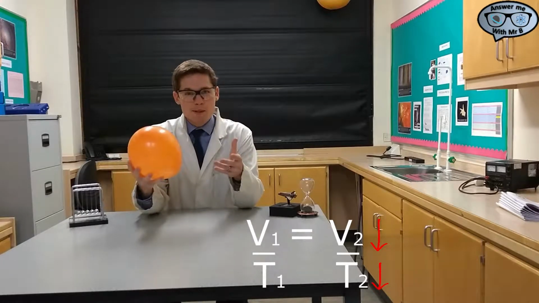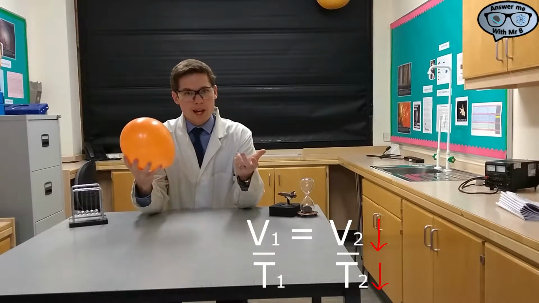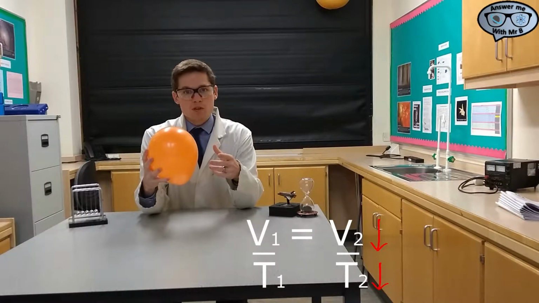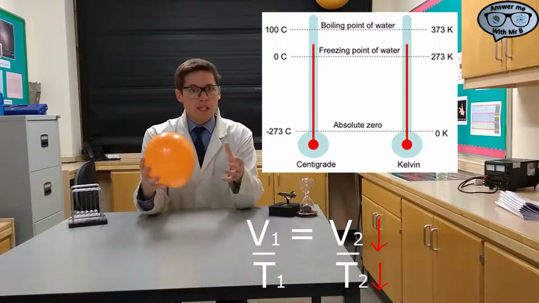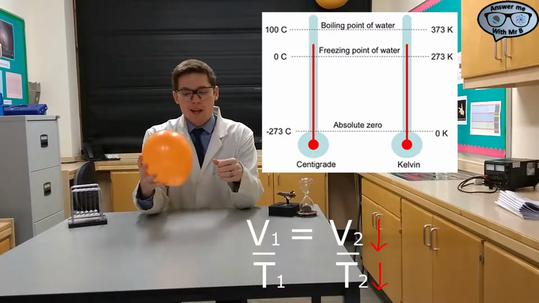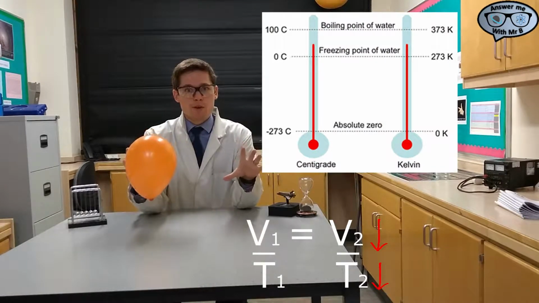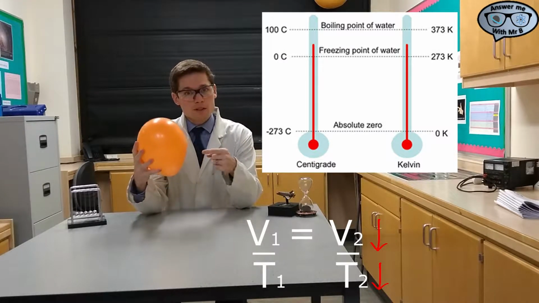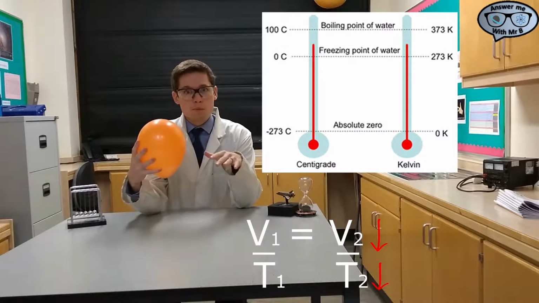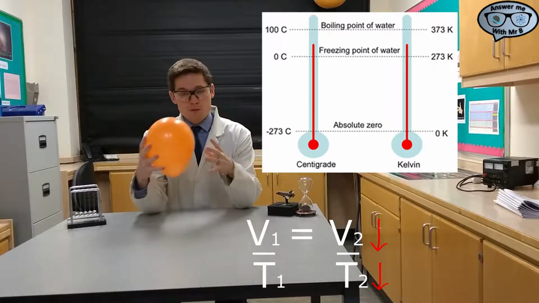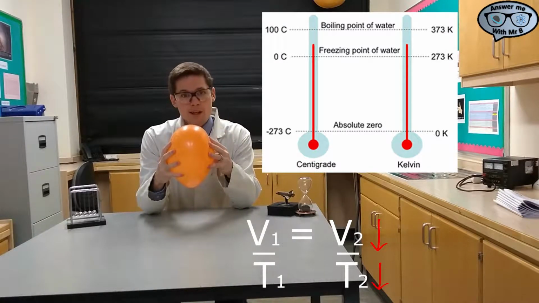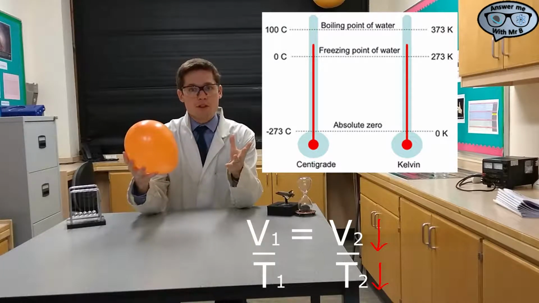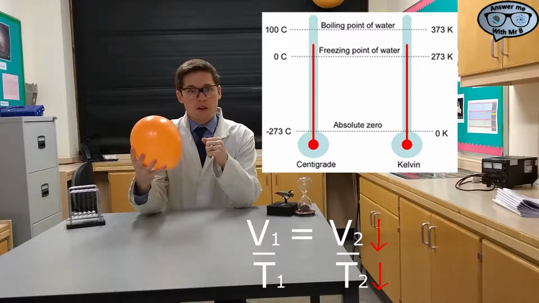In fact, keep decreasing the temperature of this gas, and eventually you'd reach 0 Kelvin, or minus 273 degrees. That's called absolute zero, and it's the coldest temperature possible. At that point, the particles inside the balloon stop moving altogether, and the volume of the balloon would shrink down to almost nothing, just the volume of the particles themselves.